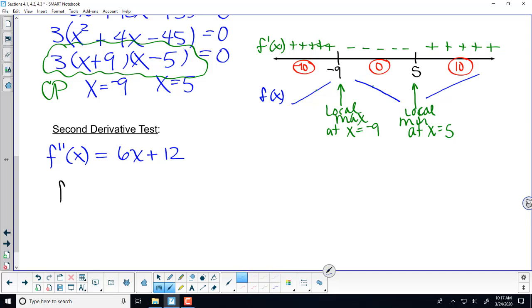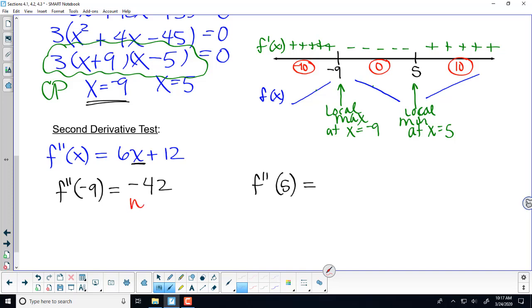So if I do f double prime of -9, so I'm going to plug my first critical point into the second derivative, and then I'm going to plug in my second critical point into the second derivative. Okay, and what do I get? If I plug -9 in here, I should get -42.